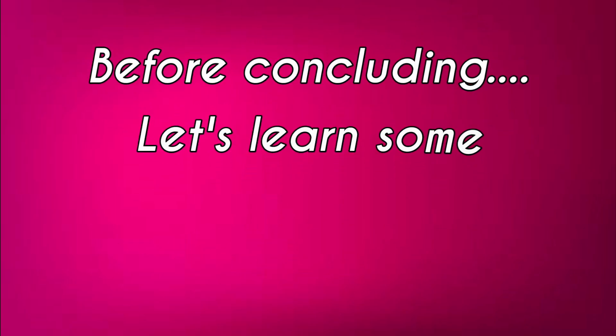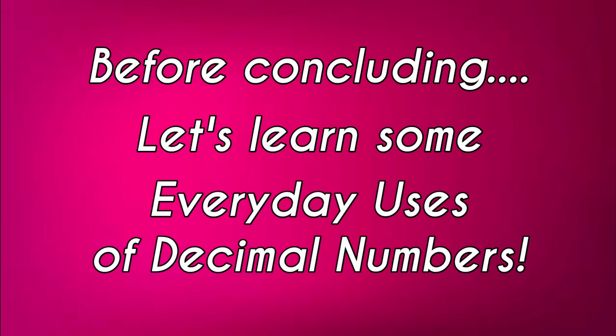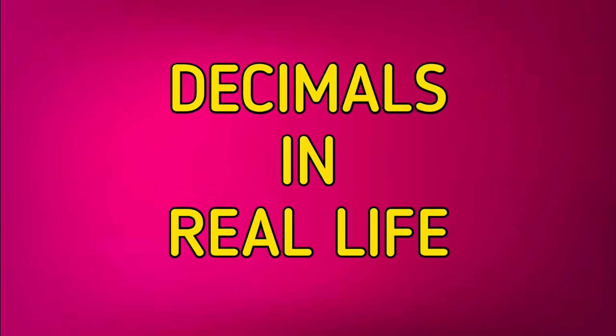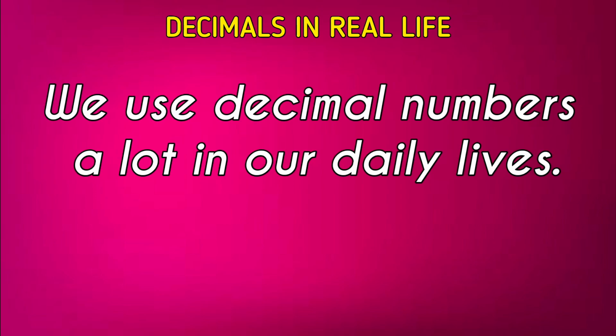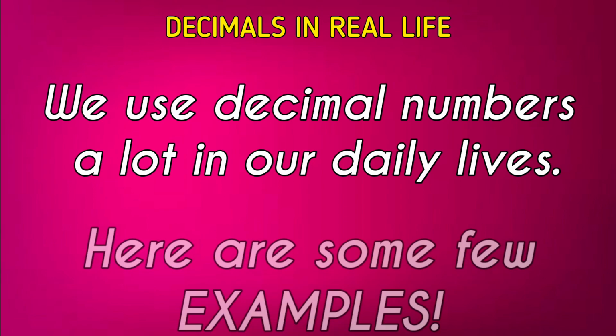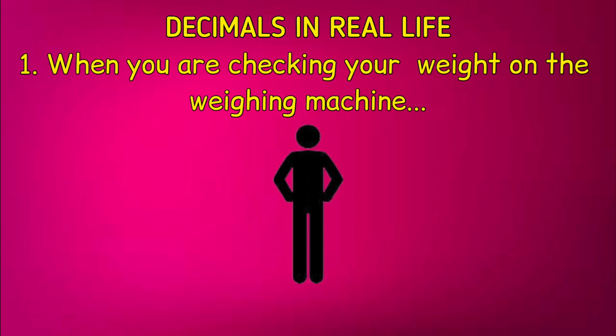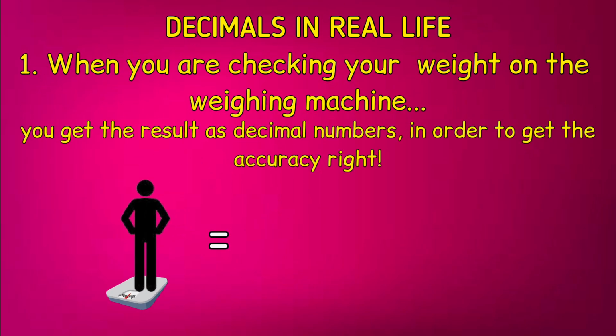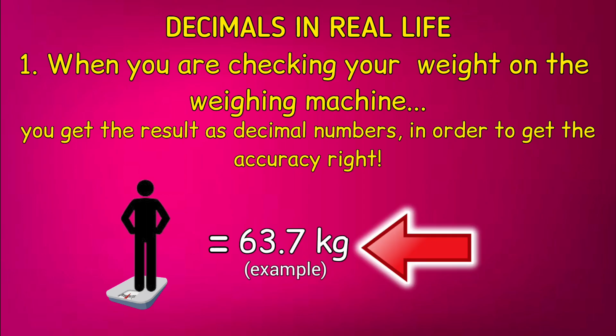Before concluding, let's learn some everyday uses of decimal numbers. Decimals in real life. We use decimal numbers a lot in our daily lives. Here are a few examples. Point number 1. When you're checking your weight on the weighing machine, you get the result as decimal numbers in order to get the accuracy right. Point number 2.